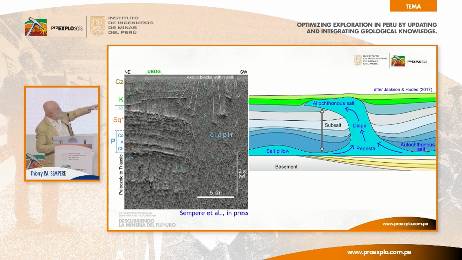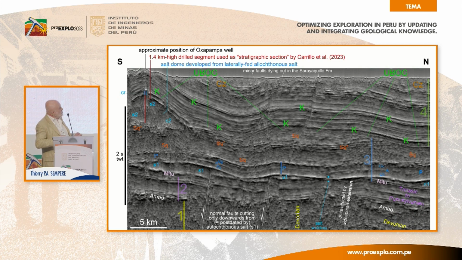Also, we see how the allochthonous salt is created, like Jackson and Hudec. Within the salt there are exotic blocks, because the salt has so much strength that it creates blocks, and these are in the diapirs that emerge in this area after the dissemination of salt.